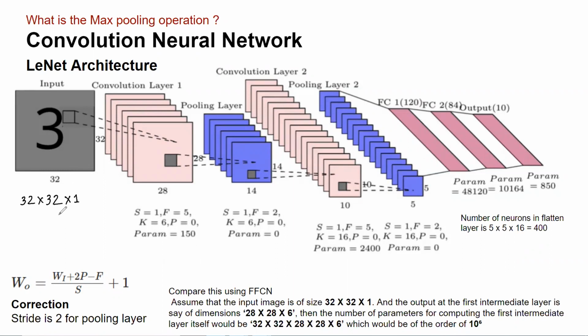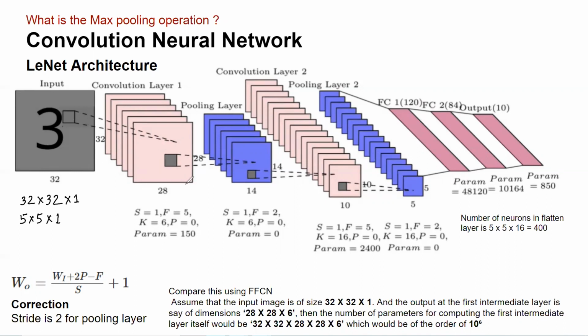For doing the convolution operation, I'll be using a filter, and that filter dimension is 5 cross 5 cross 1. When I convolve this input image with a filter of size 5, I'll be getting some output of it. This is called the feature map.